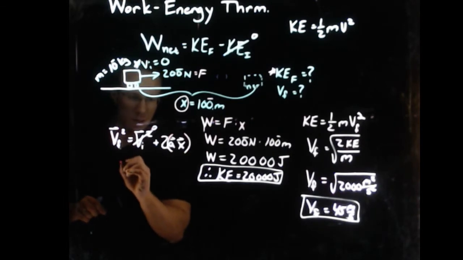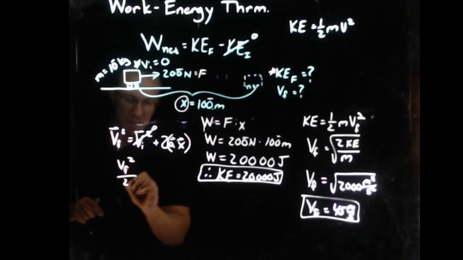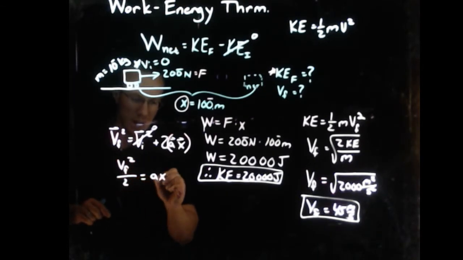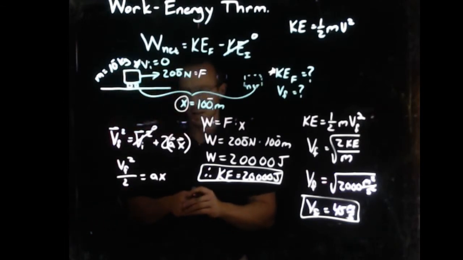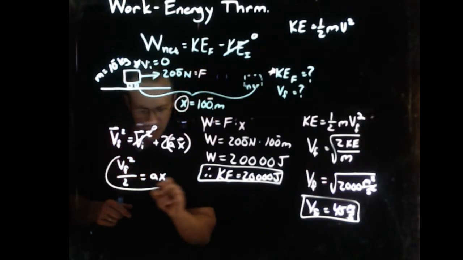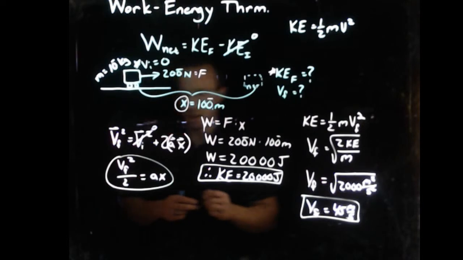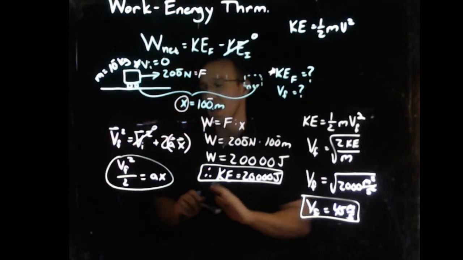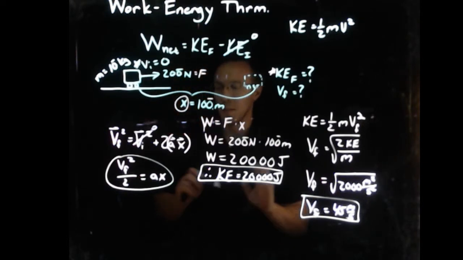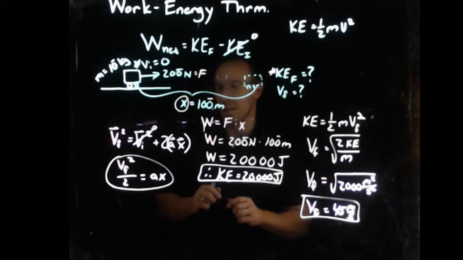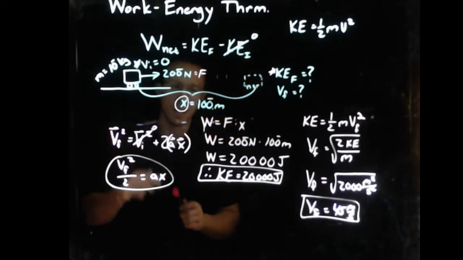So vf squared divided by 2 is equal to ax. I just want to make a little note of this. That looks kind of goofy, like we've never done anything in class that ended up looking like that, but that's fine. I'm going to prove a point.